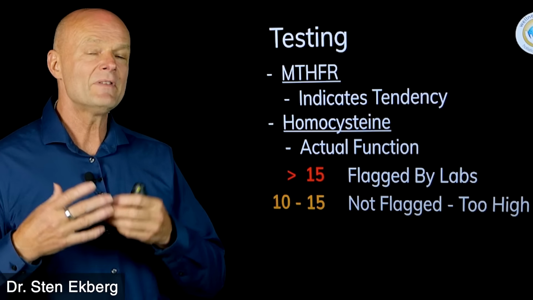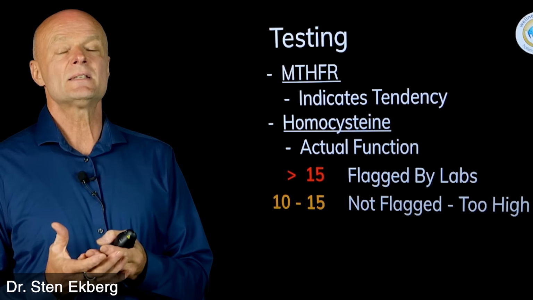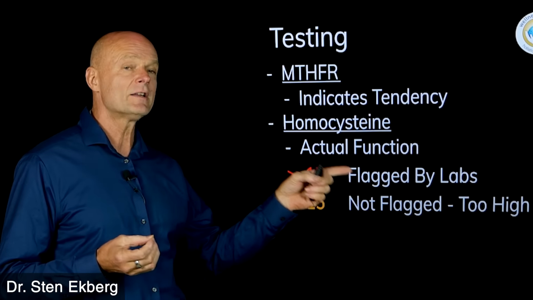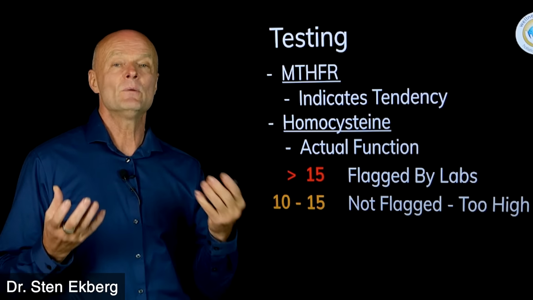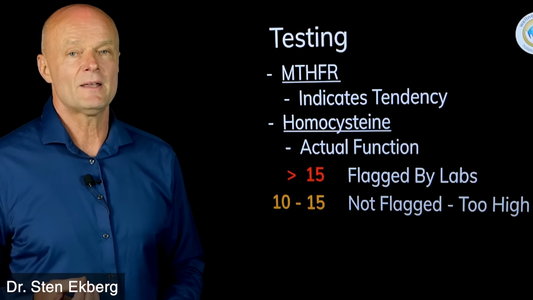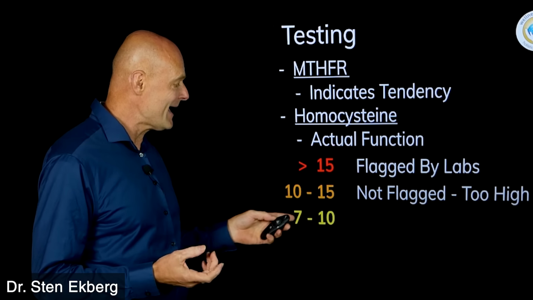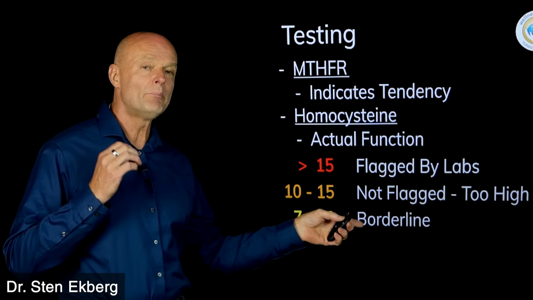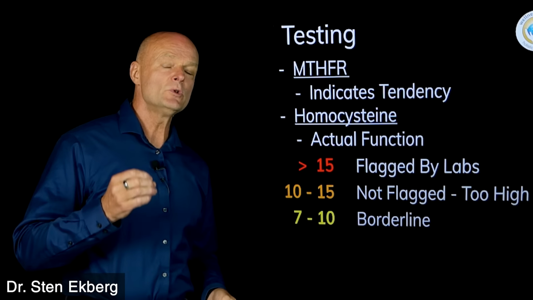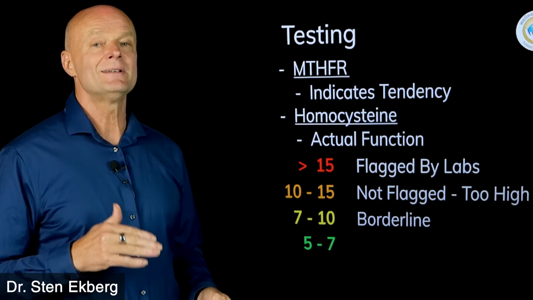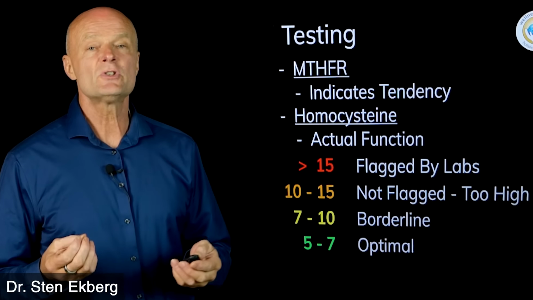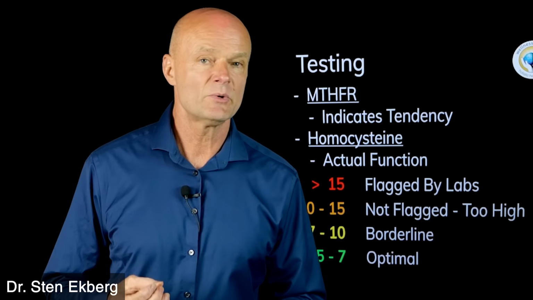You're still having significant risk and a tendency to inflammation, but at this level, it's not going to get flagged because that would flag almost everybody. If you're between 7 and 10, you shouldn't worry too much. That's what we call borderline, but you would still do well to bring it down just a little bit. And between 5 and 7 is where most functional doctors consider it optimal.